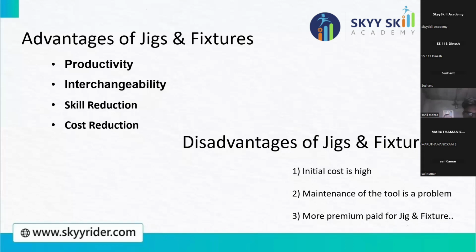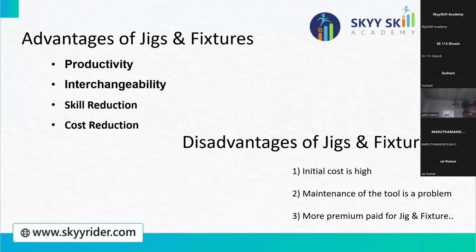Because if you are selecting components for assembly, it will take more time. So for interchangeability, the component has to be selected randomly, not selectively. Interchangeability helps you reduce your overall time.